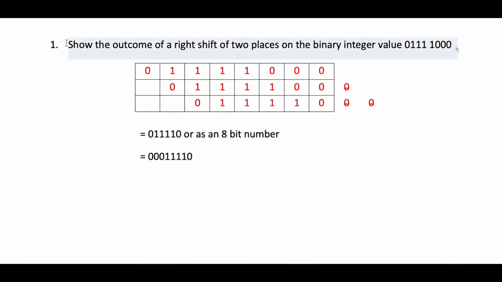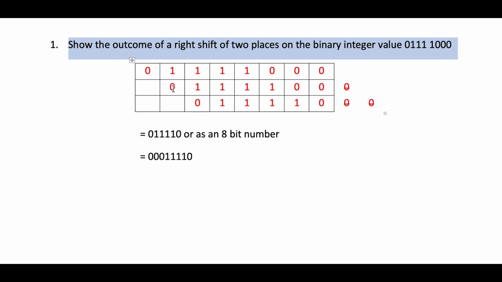Question number 1. Show the outcome of a right shift of 2 places on a binary integer with a value shown here. It is worth remembering that an integer is a whole number without a fractional part.